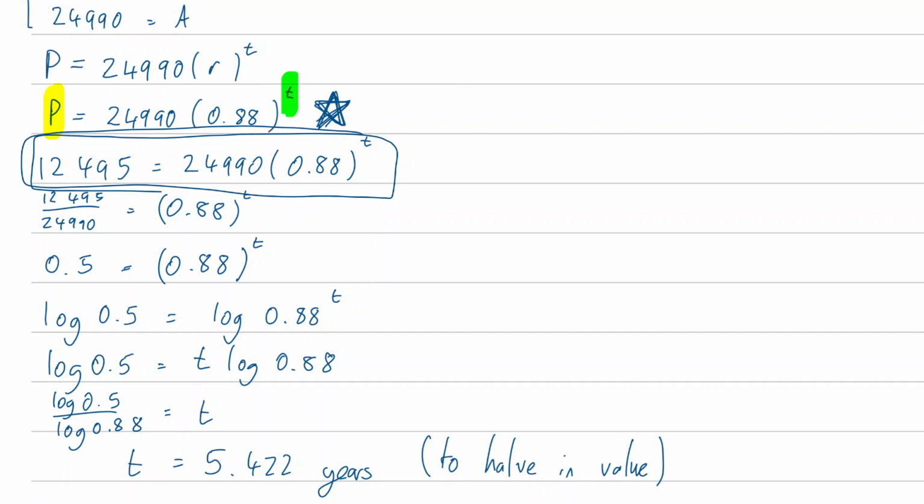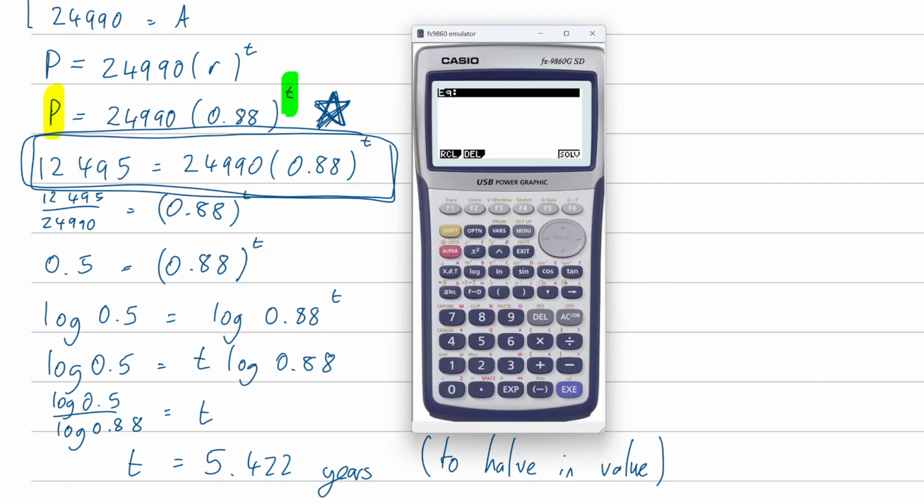So 12495 equals, that's shift dot near the bottom there, equals 24990 times 0.88 to the power, so we don't have t, well we do, but it's just easier to use this variable button here, x, underneath alpha. So we've input the equation.